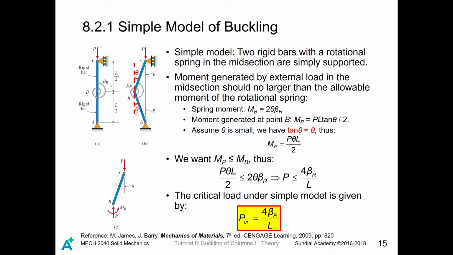That is, P theta L divided by 2 is less than 2 theta beta R, and we can rewrite this inequality as P is less than or equal to 4 beta R divided by L. Surprisingly, the theta can be cancelled out. So the critical load under this simple model of two rigid bars is P critical equals 4 beta R divided by L.